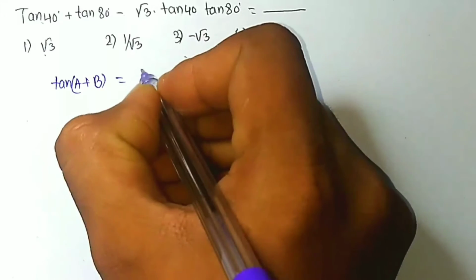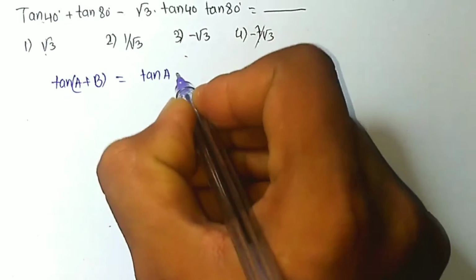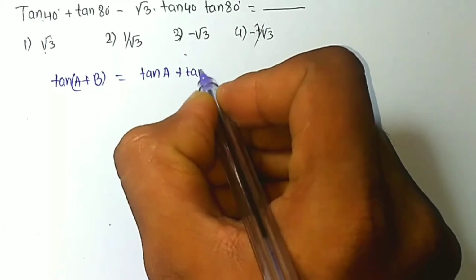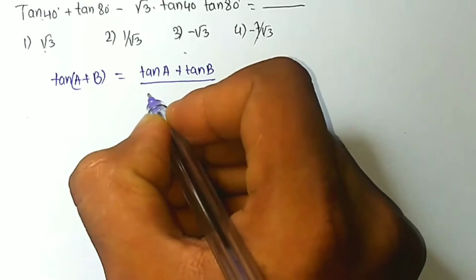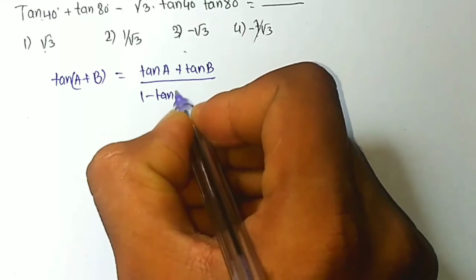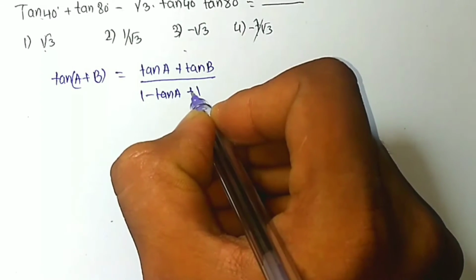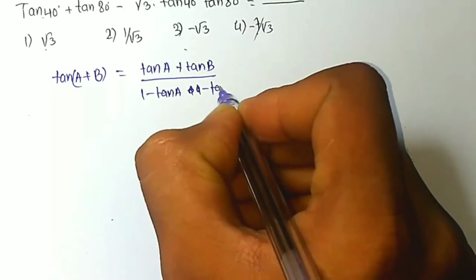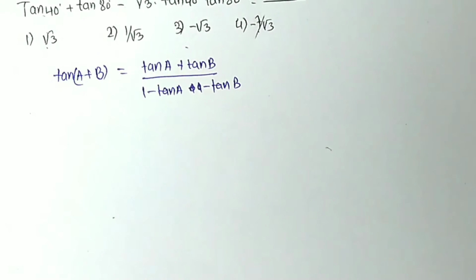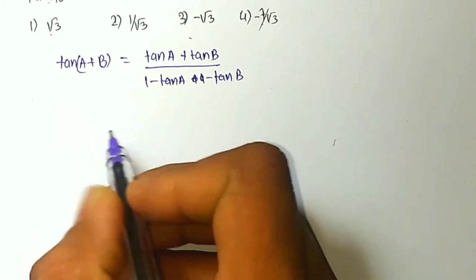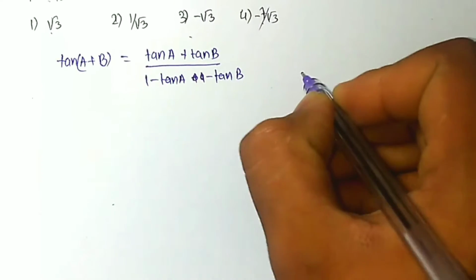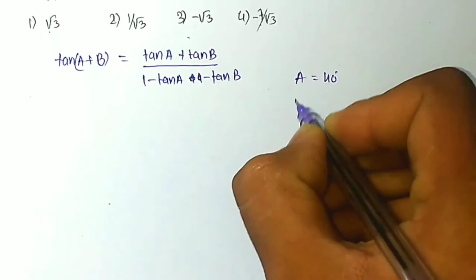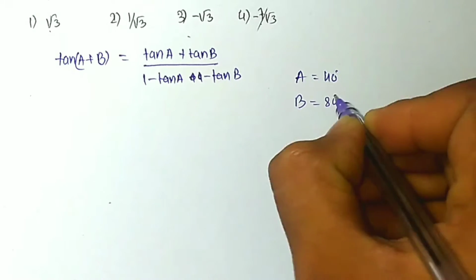Tan a plus b equals tan a plus tan b by 1 minus tan a tan b. Here a is 40, b is 80.